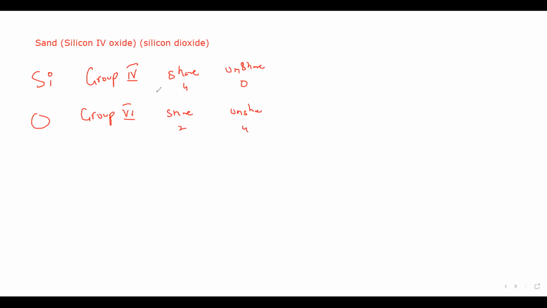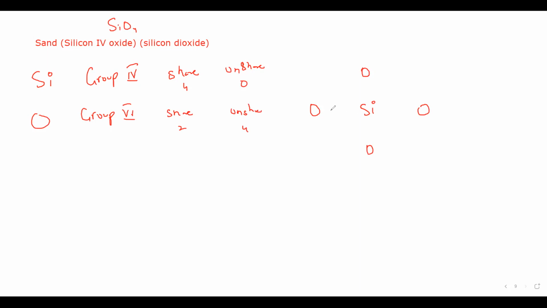Now what is the structure of silicon 4 oxide? How do we draw it? This is one silicon surrounded by 4 oxygen, 1, 2, 3, 4, because the formula is SiO4 for silicon 4 oxide.